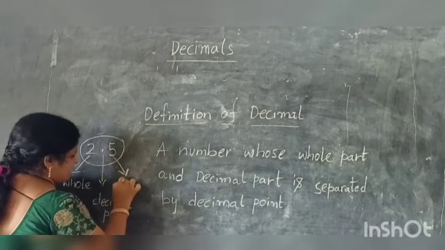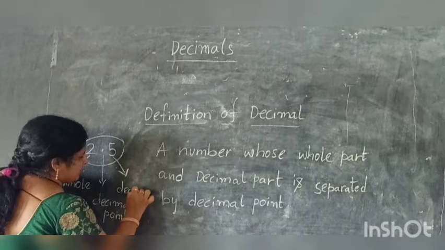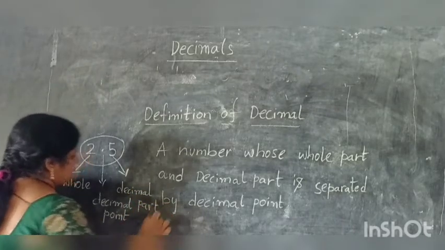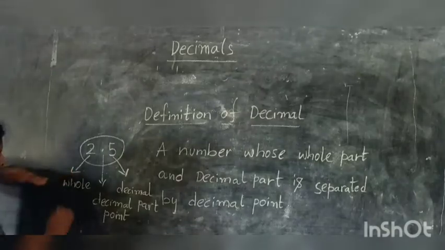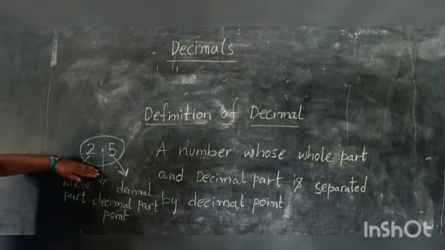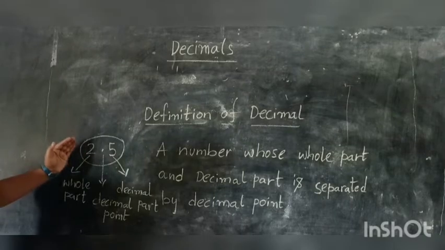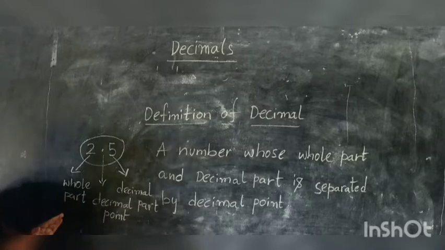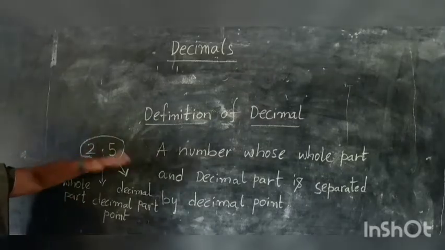This is the decimal part. The decimal point is used to separate the whole part and the decimal part. This is the definition of decimal.